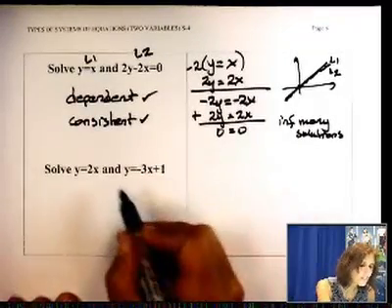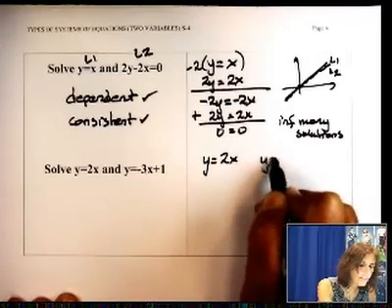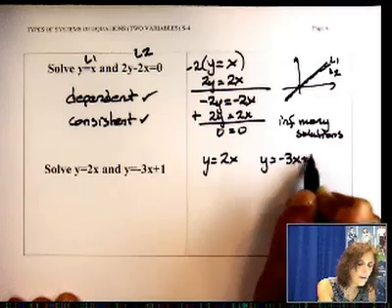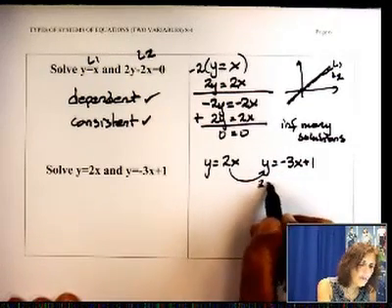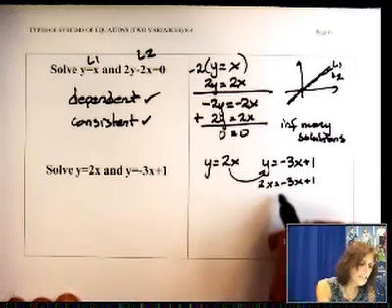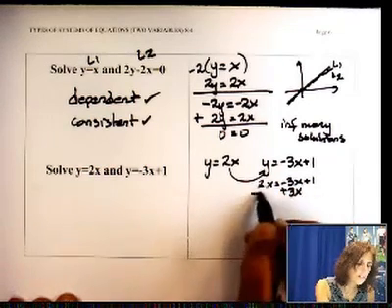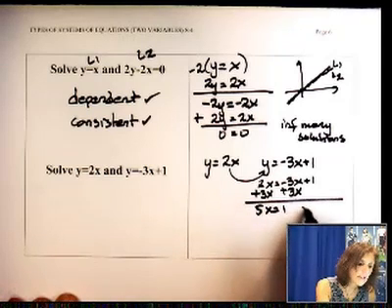y equals 2x. I'll do that with substitution. y equals 2x, y equals negative 3x plus 1. So let's put that 2x in here and solve. 2x equals negative 3x plus 1. Let's move 3x to the left. I have 5x equals 1. x equals 1/5.